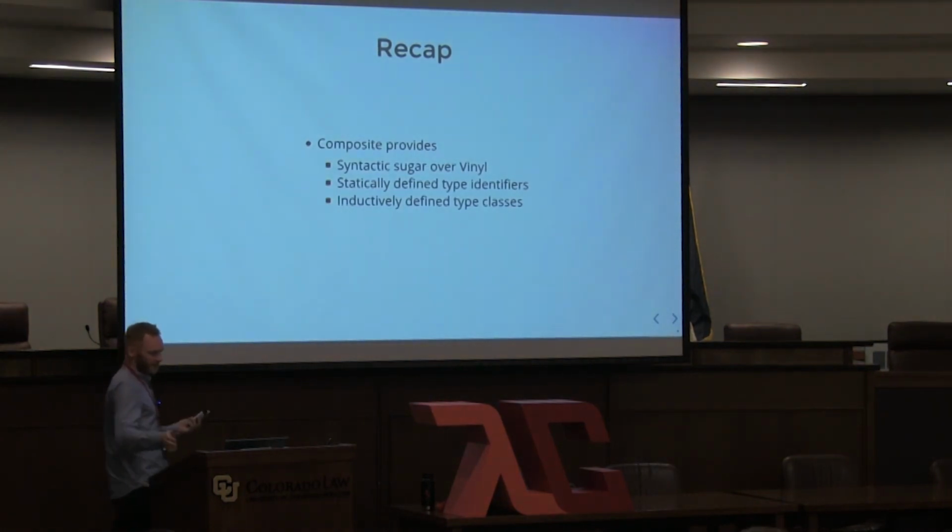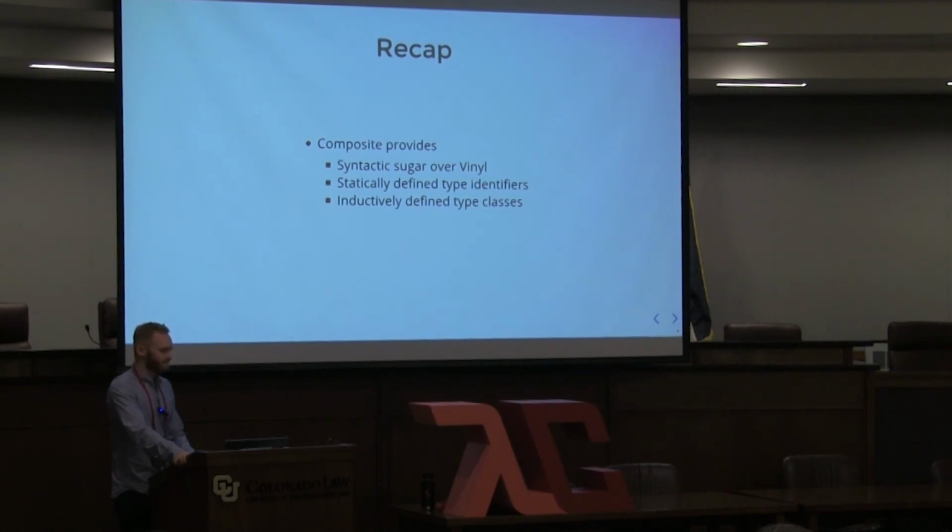Another recap. Whereas in our first recap when we talked about Vinyl, we had all that good stuff of proofs and extraction and effects, now we've given Vinyl some syntactic sugar, some static identifiers for our types, and we have defined some type classes for parsing JSON.